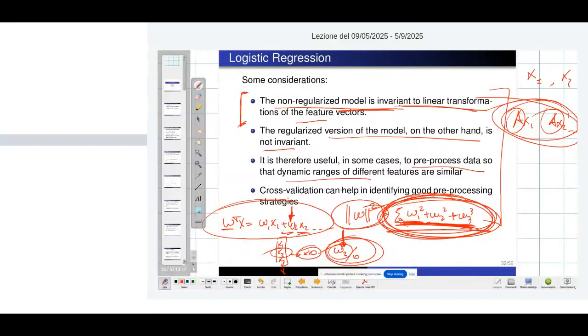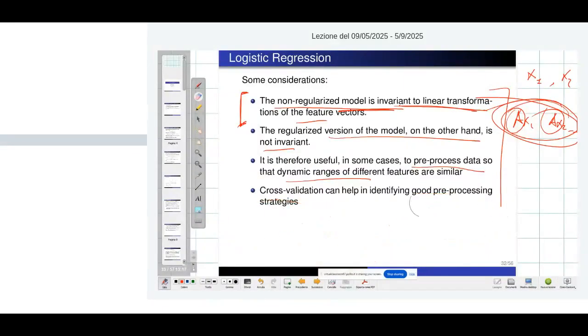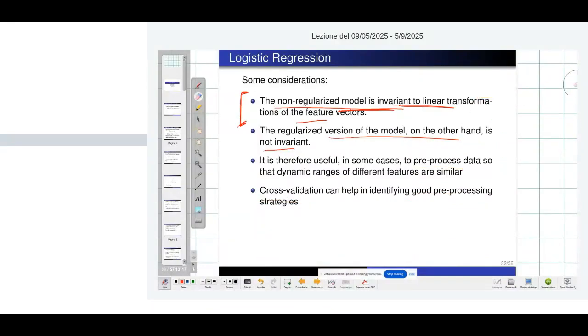To reduce this problem, since in many cases the scale doesn't tell us anything, we have seen that in many cases the scale is just a side effect of a unit of measure that was used to compute some physical quantities that correspond to the features in our feature vectors.